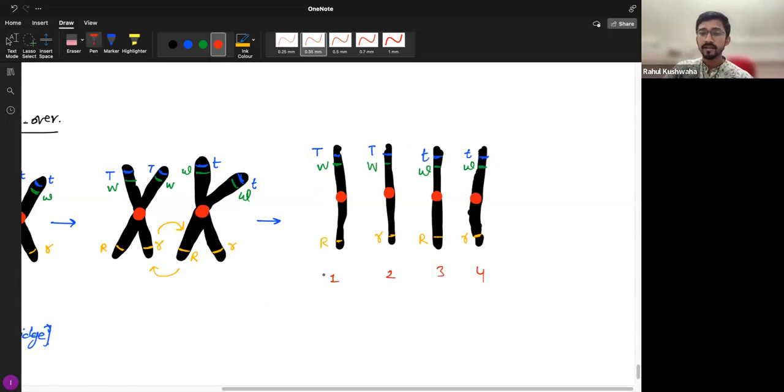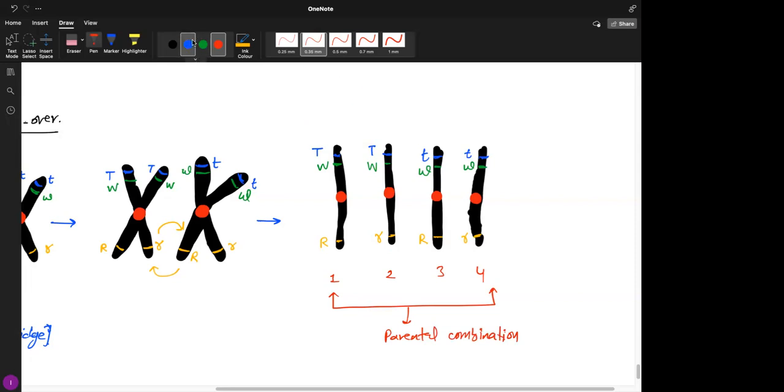So can I say that this one and this one, 1 and 4, are parental combinations, parental type? Because this was exactly what was present in the parents. Make sense or not? Yes, sir.